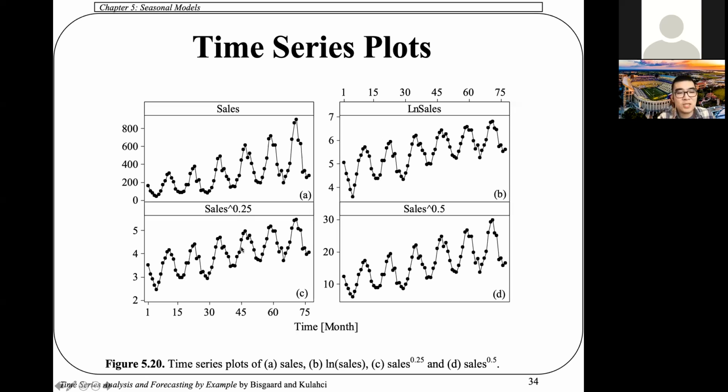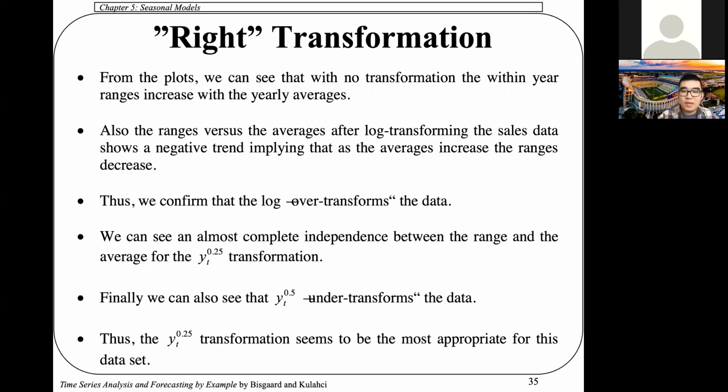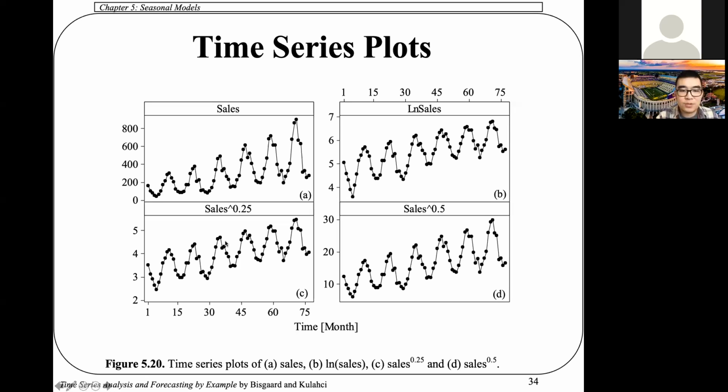So you do not see the heteroscedasticity in this time series when you take that transformation. So I think the right transformation that the textbook does is this 0.25 transformation.